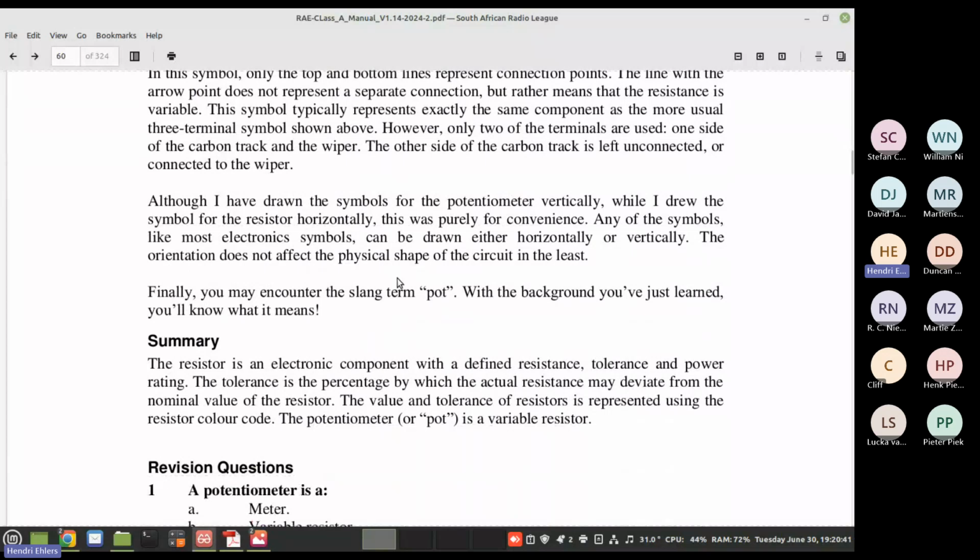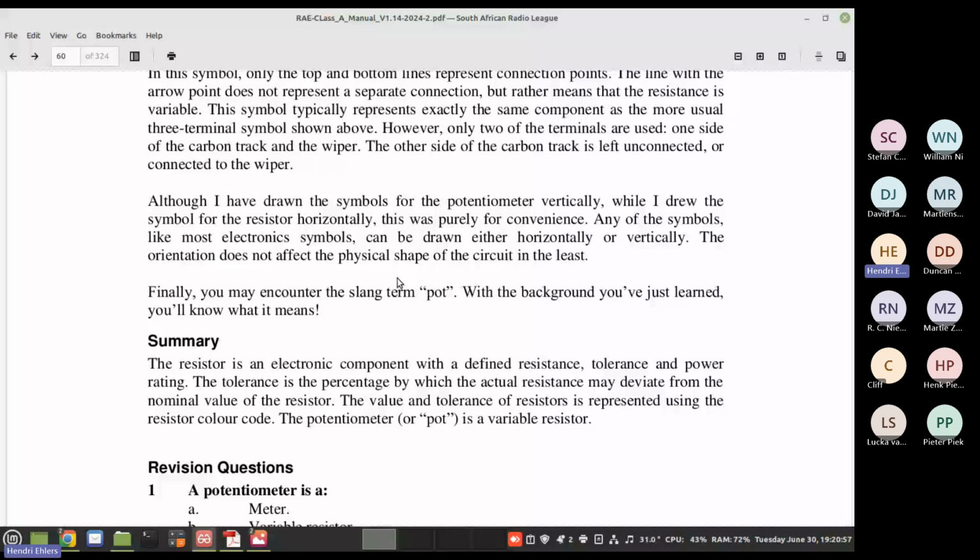Okay, summary. The resistor is the electronic component with a defined resistance, tolerance, and power rating. The tolerance is a percentage by which the actual resistance may deviate from the nominal value of the resistor.